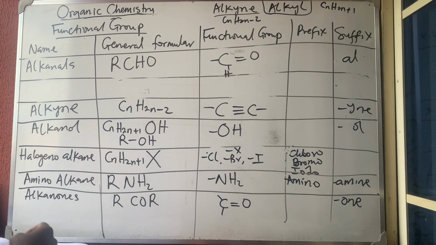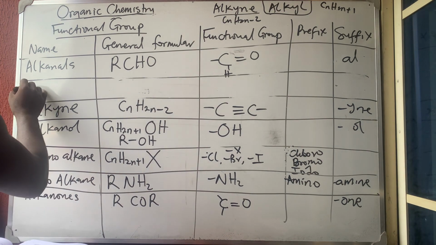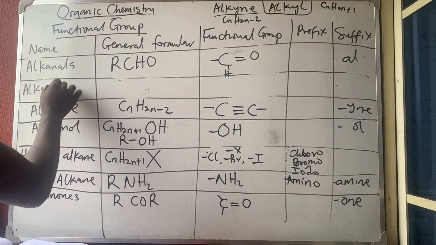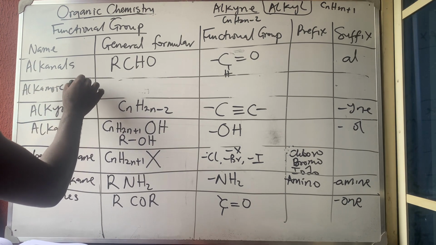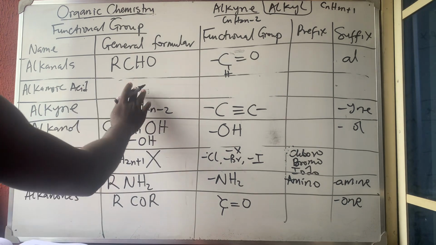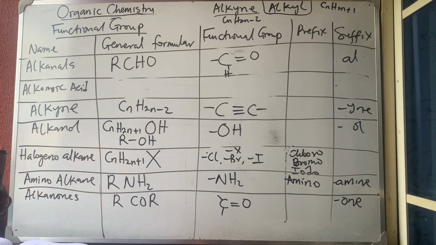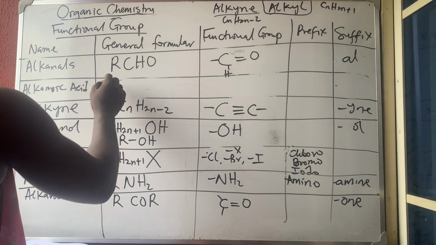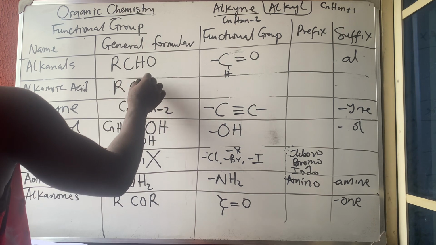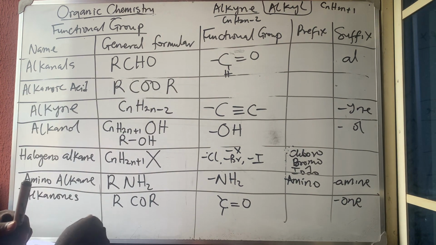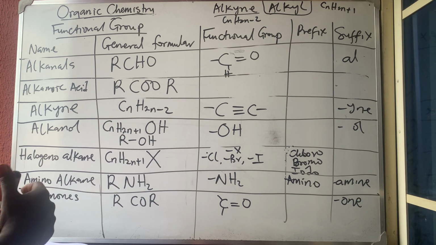The next one is alkanoic acid. Now, alkanoic acids are like alkanones. The only difference is that it is double O. So for the alkanoic acid it is R, C double O, and another R. How do we get that?